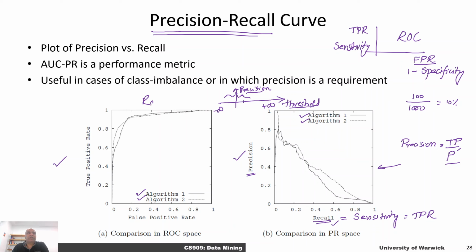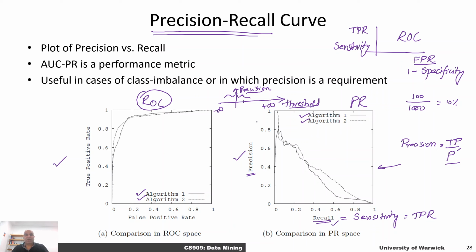So this is the ROC and this is the PR curve for these classifiers. In generating these, for a given algorithm we have calculated the false positive rate at a given value of the threshold and plotted it against the true positive rate to get the ROC curve. Whereas for the same classifier, we have calculated the sensitivity against its precision at a given threshold, and that gives rise to the PR curve.